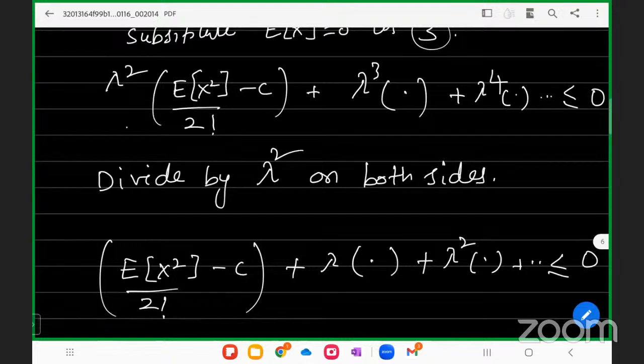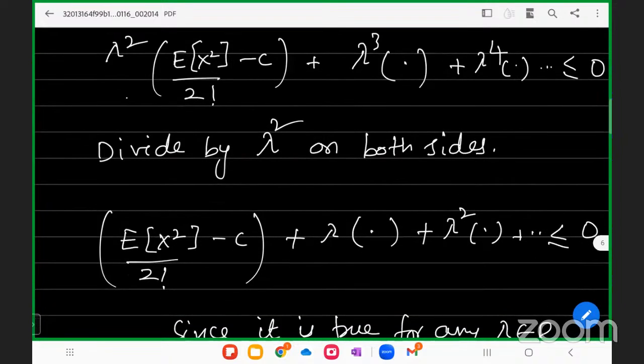No, this is true for any lambda, right? The first equality is true for any lambda. So you divide by lambda square, then you get the second equality. Again, this is true for every lambda. When I'm dividing by lambda square, I would assume it to be non-zero.